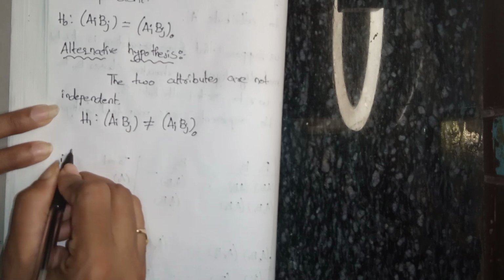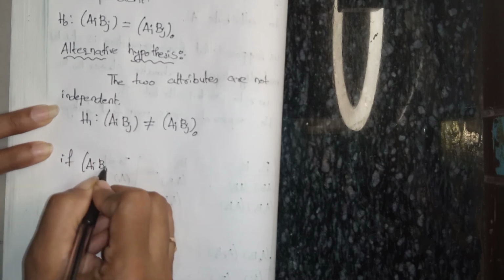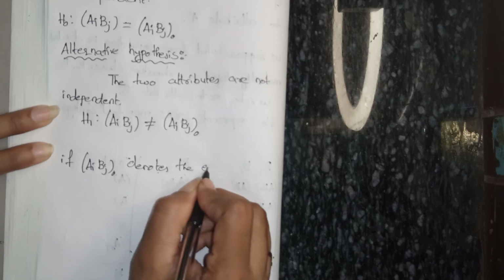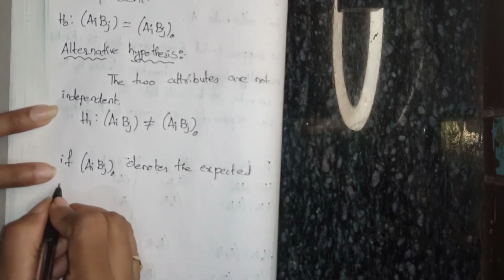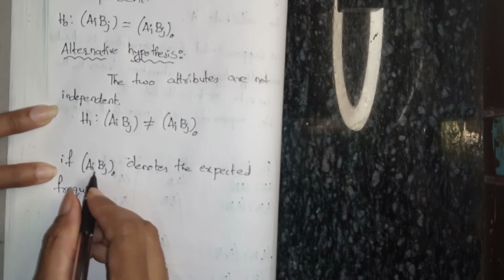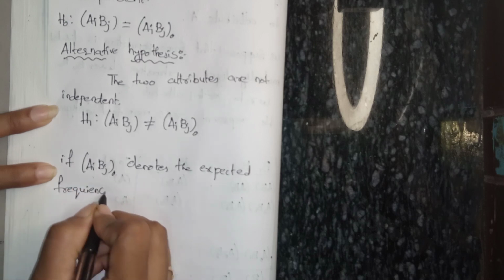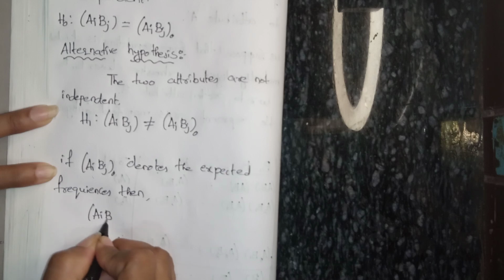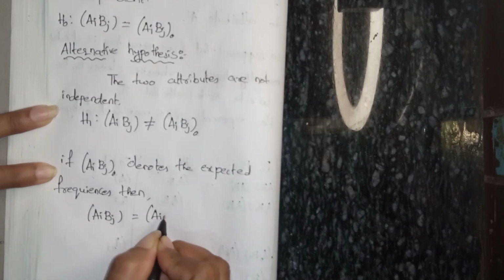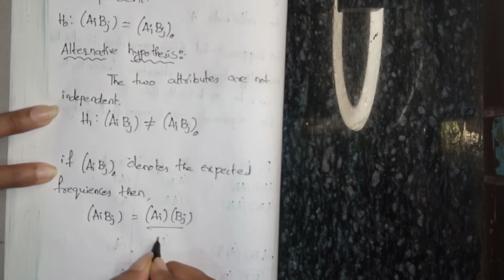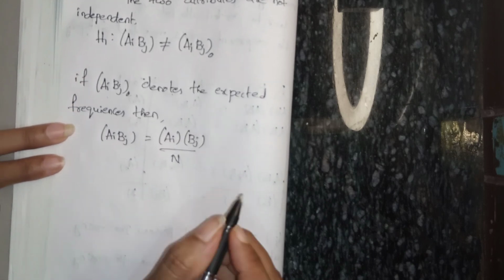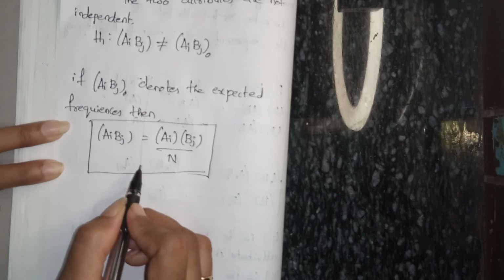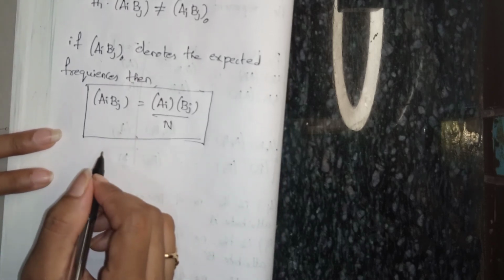Now if AiBj naught denotes the expected frequencies, then AiBj naught equals attribute Ai into attribute Bj by capital N. This is the formula: if you want to get the AiBj value, we have to use this formula.